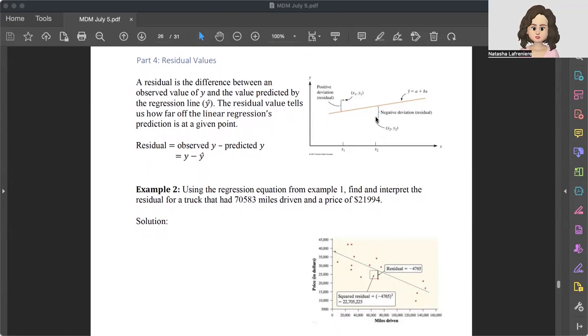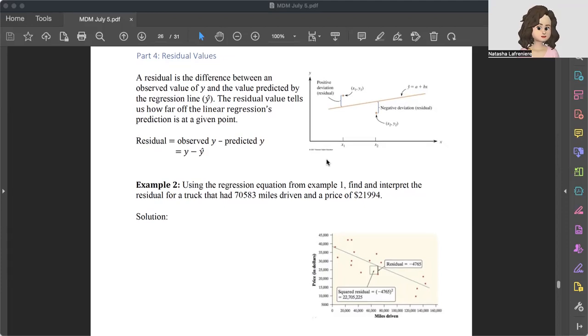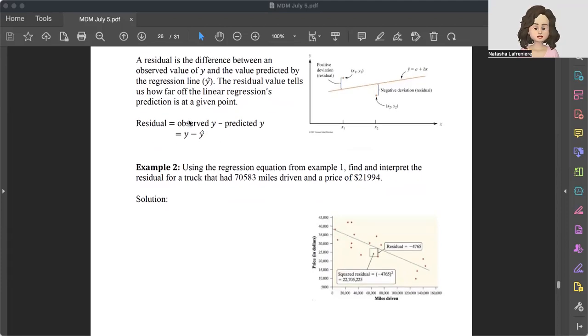So it's comparing where your dot actually is versus what your prediction is. So it's telling you the deviation, the difference in that. Okay, so when you do that, you do your observed y, which is your y value of your point that actually exists. And then your predicted y, so the y that's on your line.